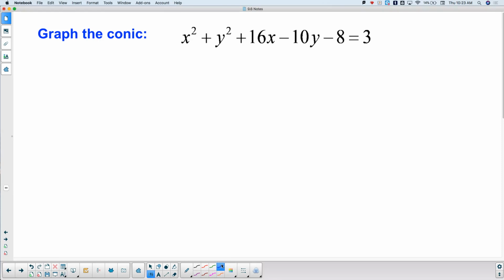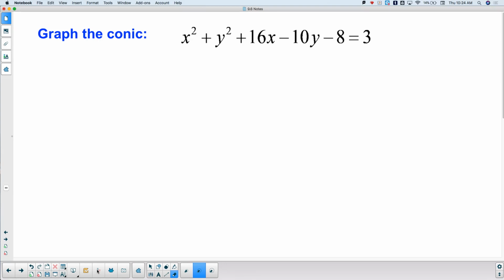So, we've got x squared. Oops, tap the brakes. Before I even do this, we've got to figure out what it is first, right? What is it? Why is it a circle? Coefficients are the same, there's an addition sign, and there's 2 squared terms.